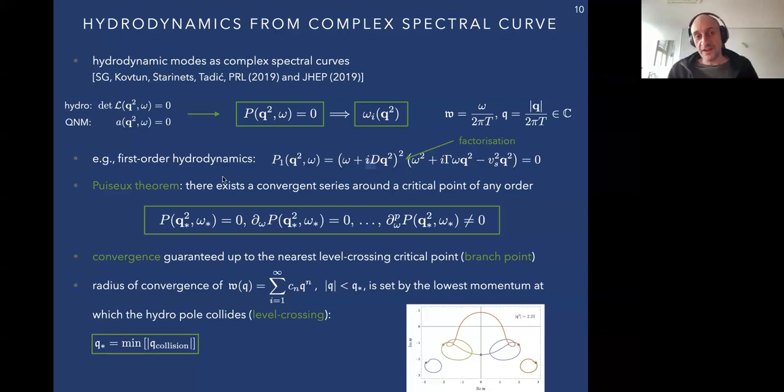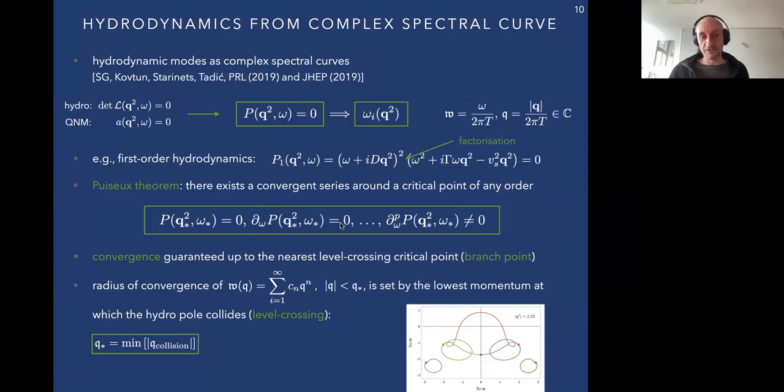Now, if I state what I just told you slightly more formally, there's something called the Puiseux theorem, which tells you that around a critical point defined in this way, so that the point is a solution to the equation, and then my first derivative with respect to omega, since I'm solving for omega, is 0, and then some p-th derivative is non-zero.